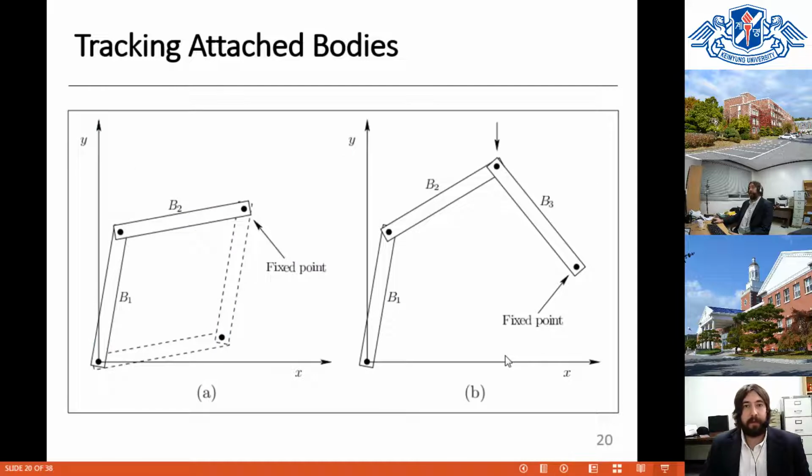Now let's have a look at more complex bodies. Here in these bodies we have 2 fixed points. This point is fixed and this point is fixed. Therefore, this object can take only two positions, this position or this position. So it's constrained because of two fixed points.